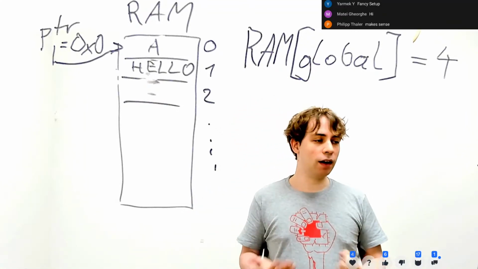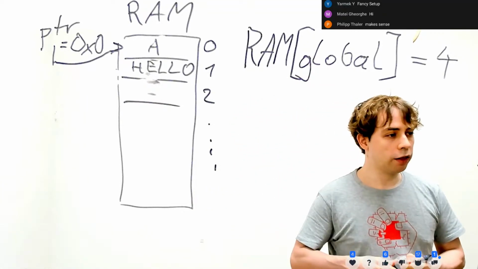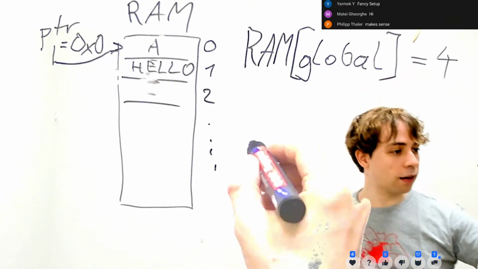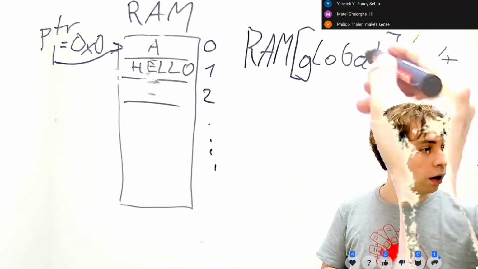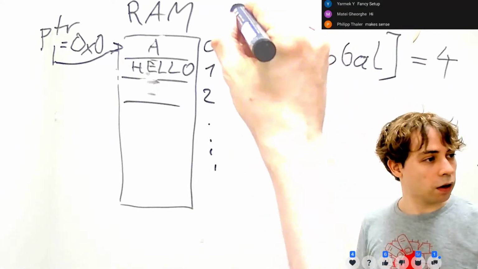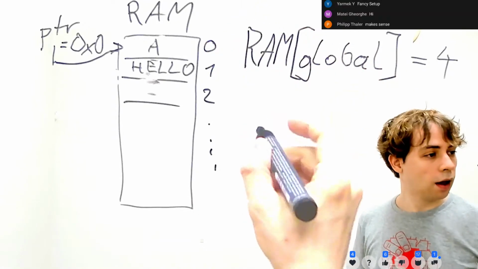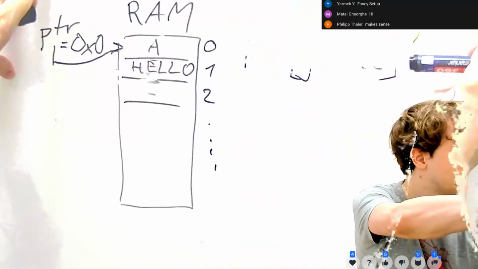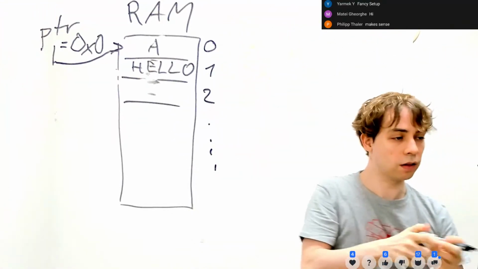And this is very nice because now we can also think about things like pointer arithmetics. Let's assume that we are actually not accessing global directly. So let's assume global is, let's say, a character pointer, but we are accessing, I will remove this part so that I have some space to write this down.